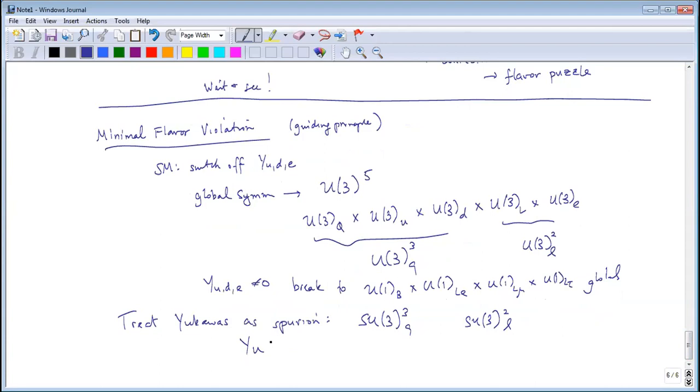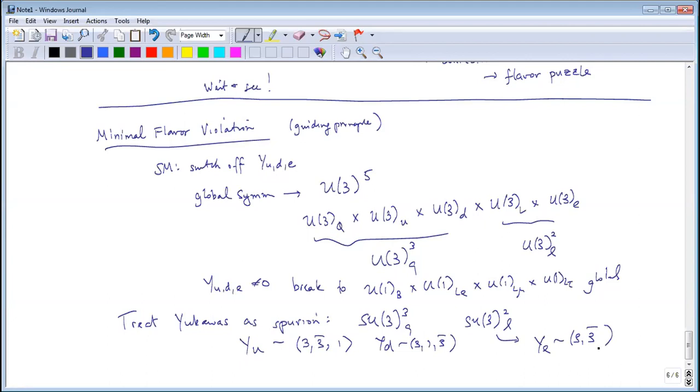So we can then write that the up-type Yukawa coupling, that connects the Q to the U, looks like a 3, 3 bar, 1 under SU(3)_Q cross SU(3)_U cross SU(3)_D. And similarly, Y_D goes like 3, 1, 3 bar. Okay, because now instead of the U, it's the D. Similarly, we can write down the lepton Yukawa coupling, and this thing should look like a 3, 3 bar.